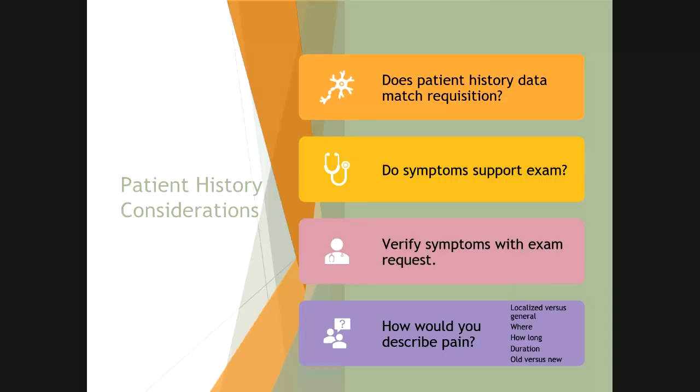As far as the patient history considerations, you want to make sure that the patient's history matches the requisition. Meaning, if they are ordering, let me give you an example, a good example. I remember one time I was in the ER and this patient had fallen and they fell on their right side and their right arm hurt.